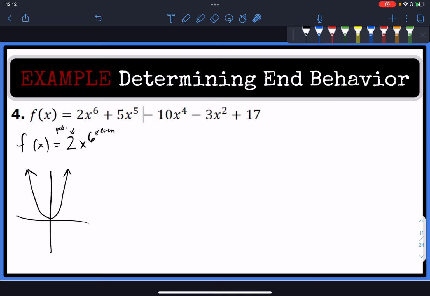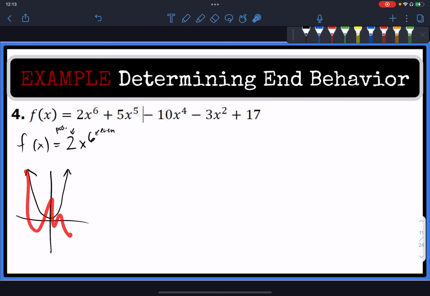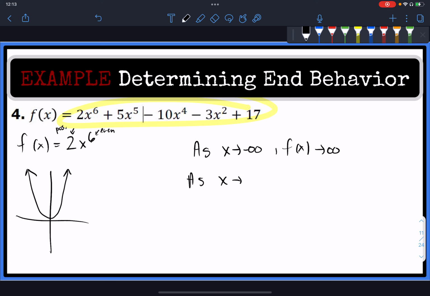With all of these extra terms, the graph will again curve up and down several times, but the two ends are still going to be pointing upwards. So for this polynomial, the left end is pointing upwards, unbounded, and the right end is also unbounded, pointing upwards. So this is the end behavior of our polynomial function.